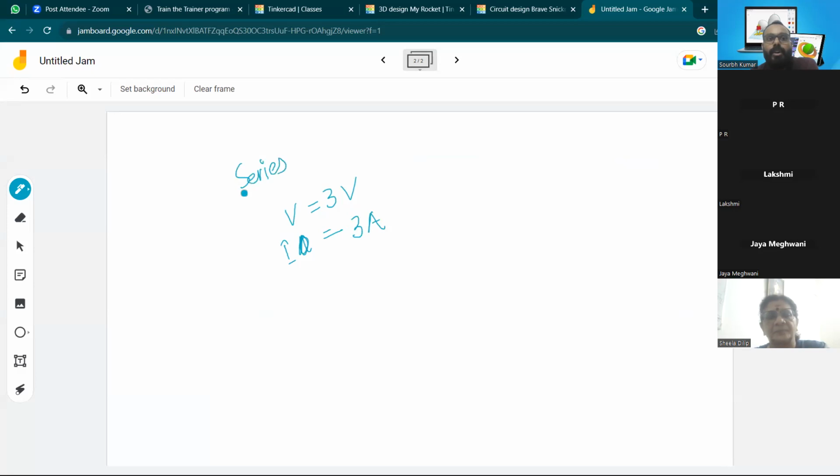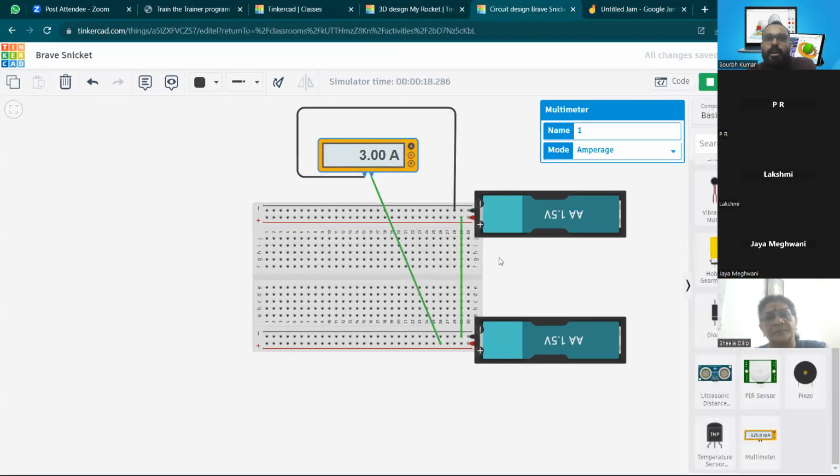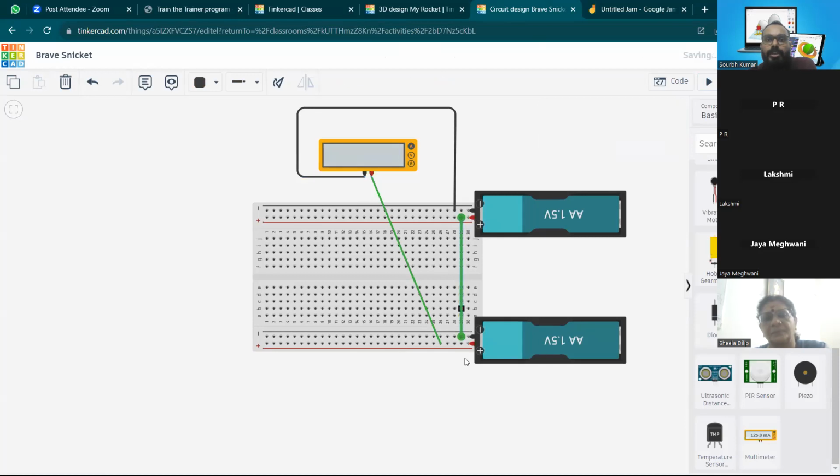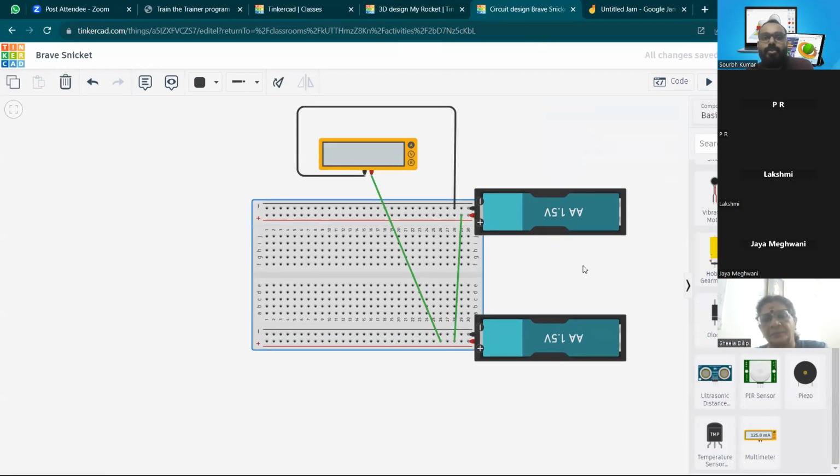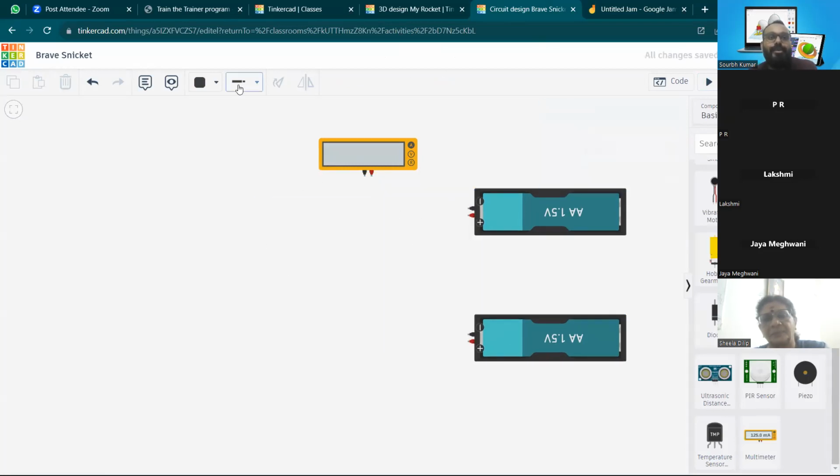So let's see what will happen in parallel and understand the concept through the practical example, not through another method. So I'm stopping the simulation and connecting the positive wire to positive wire. So I'm connecting this to the positive one, and why is there a need to use the breadboard? There is no need to use the breadboard for understanding of this, right? So I'm taking one of the wires and connecting the positive.